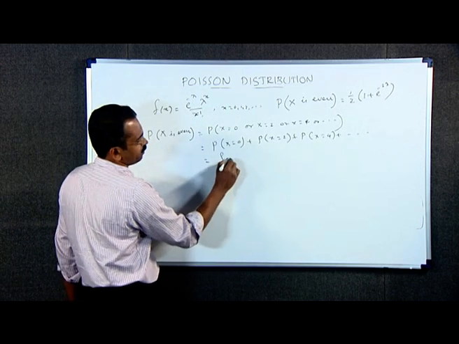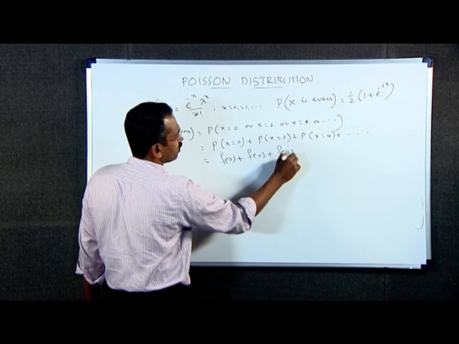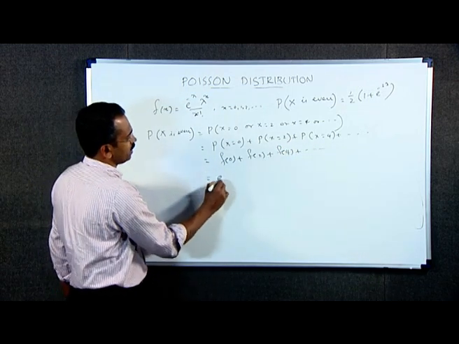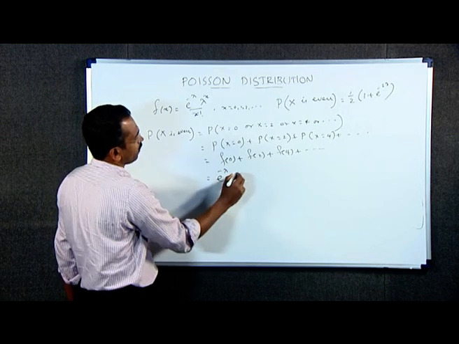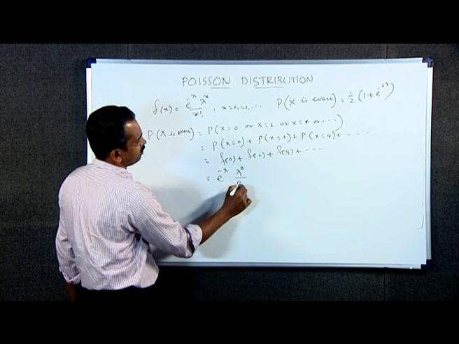That is f of 0 plus f of 2 plus f of 4 plus etcetera, which is equal to e raised to minus lambda into lambda raised to 0 divided by 0 factorial.